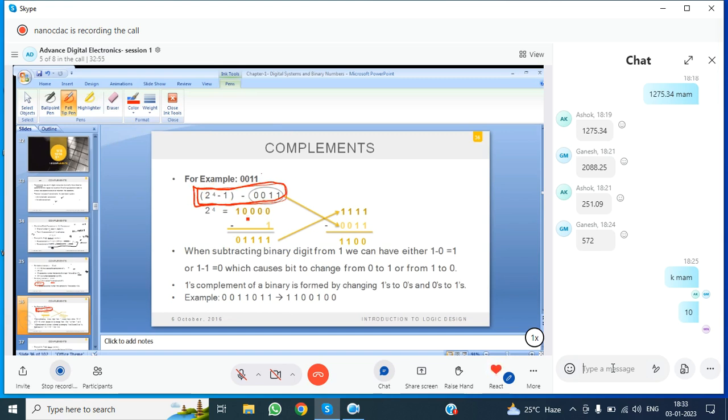Normally you can directly take 2 power 4, which is 16. 16 minus 1 is equal to 15. Then 15 minus 0011. You can convert either that into binary or this into decimal and perform the subtraction. But we are going for the complement form.